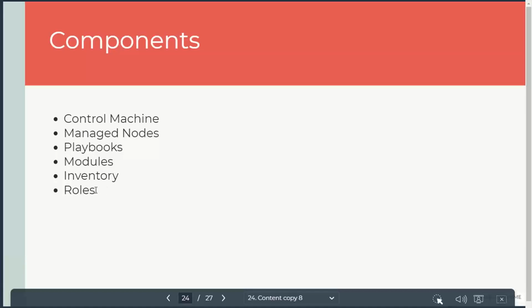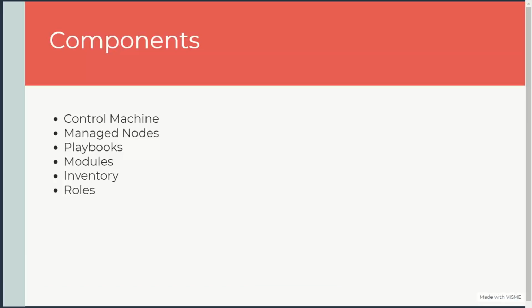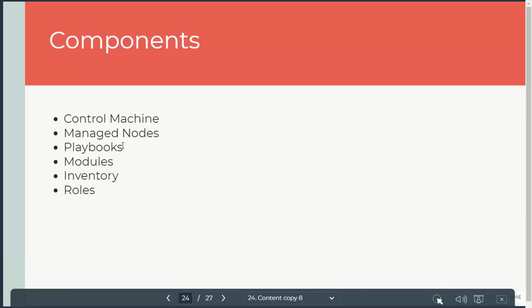Likewise the user-created modules. For example, if you have any business logic based on your project, at that time we cannot rely on the modules alone, so you can create the roles, and then call the roles in your playbook file.